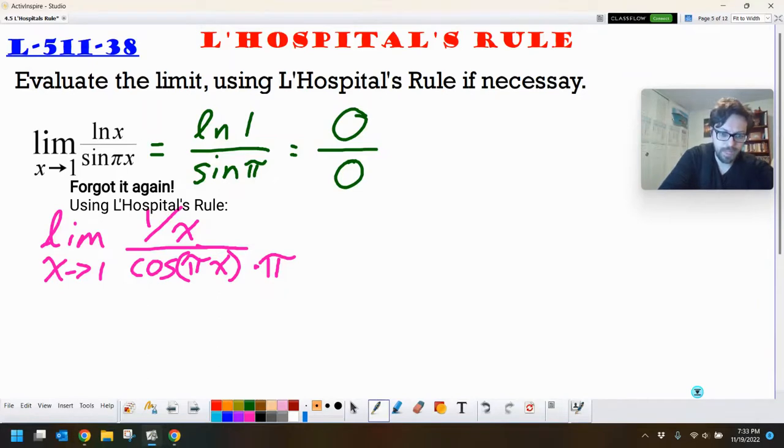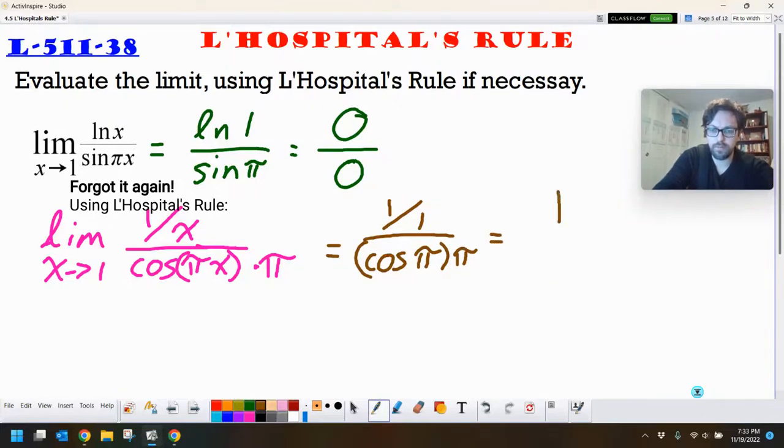Again, I could simplify that, but why bother? I'm about to put a 1 in there, so let's do that. So we get 1 over 1 over the cosine of pi times x times 1. So that's the cosine of pi, and then all that is multiplied by a pi.